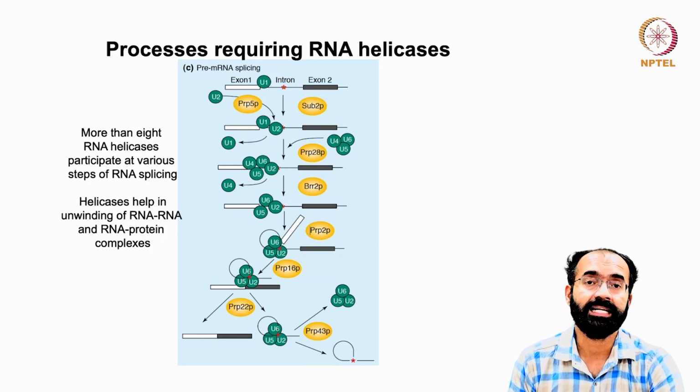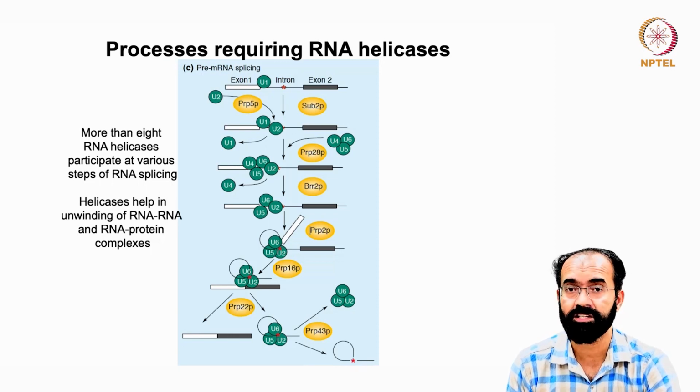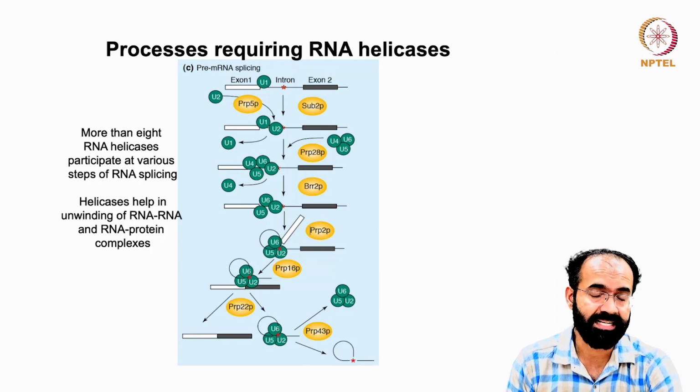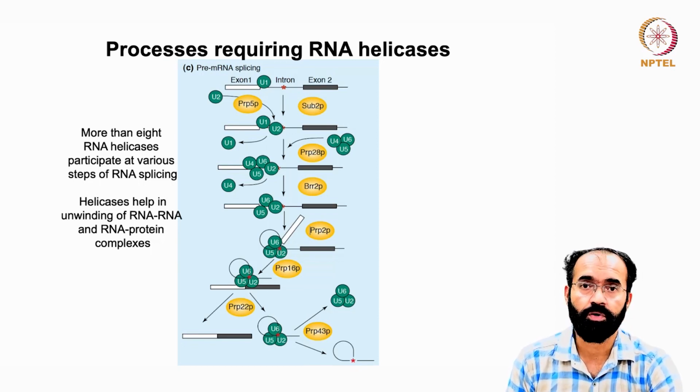Means they can tweak or change the existing structure of an RNA, means a secondary structure, not the primary structure. Primary structure is the sequence of the RNA itself, the secondary structure, and also structure of an RNP for good reason, because it can proceed further.